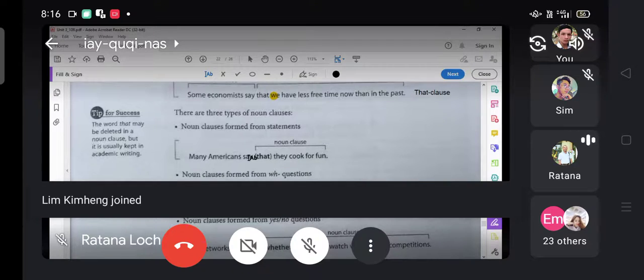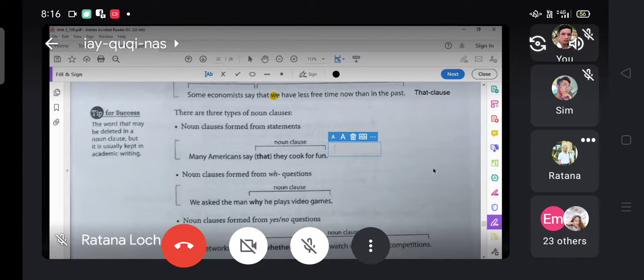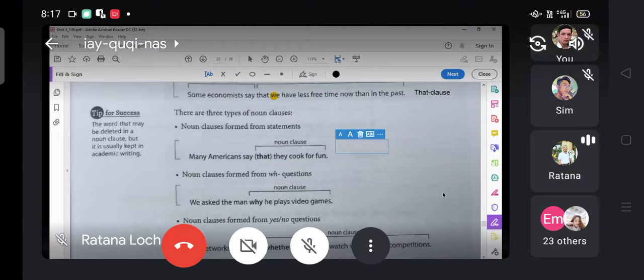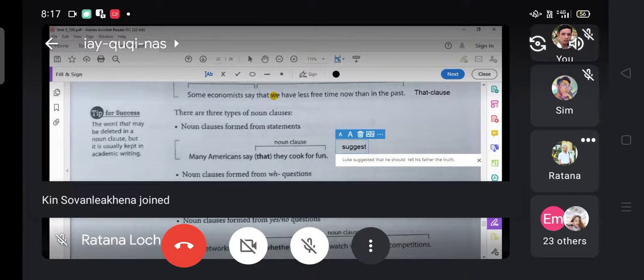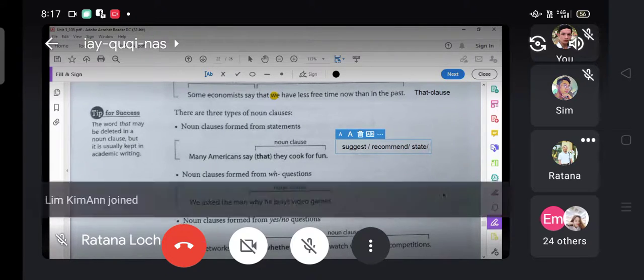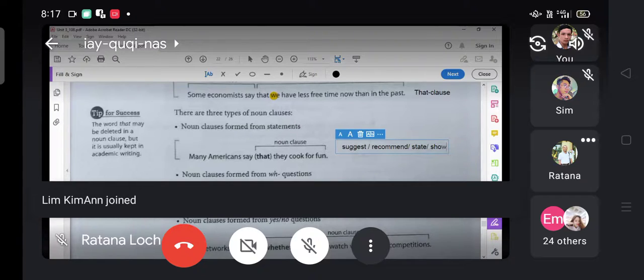They use a lot of words like said, suggest, recommend, state, suppose, show. You have many words.